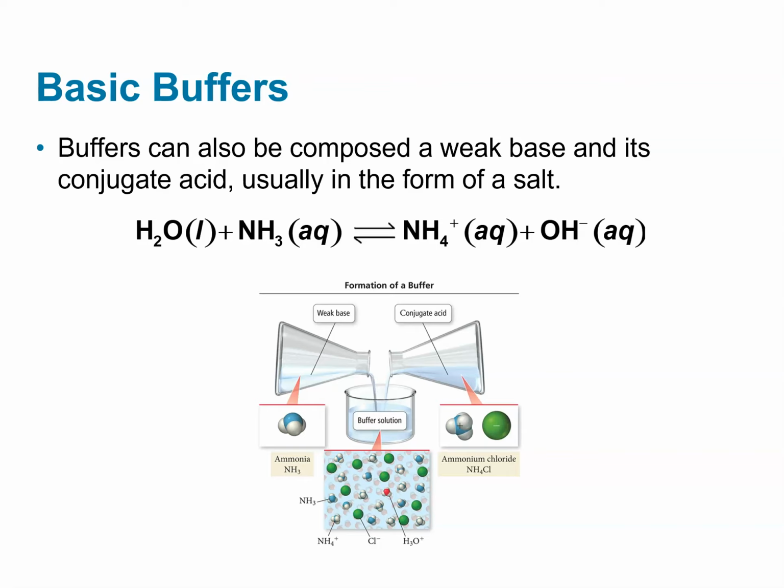So, basic buffers. Most of our examples had previously been weak acid and conjugate base. However, you can also form a perfectly viable buffered solution by using a weak base and its conjugate acid.